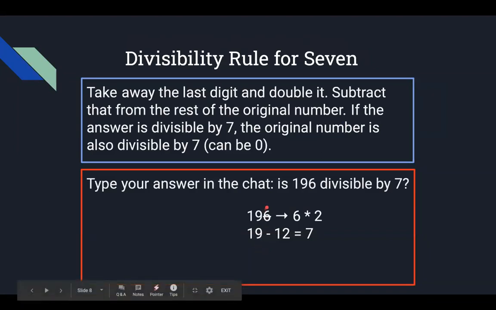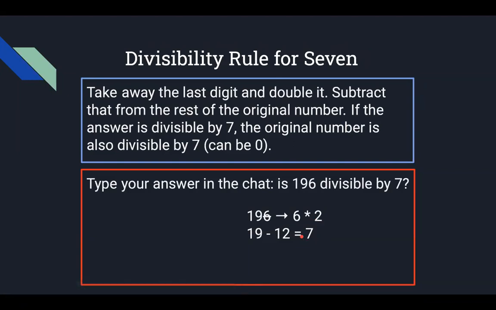So here, after we took away 6, we have 19 left, and you subtract 12 from 19 to get 7. If you get something that's divisible by 7 after you subtract, then the whole number is divisible by 7. And it can also be 0. But if that's a little bit confusing, I think we do have another example later on.